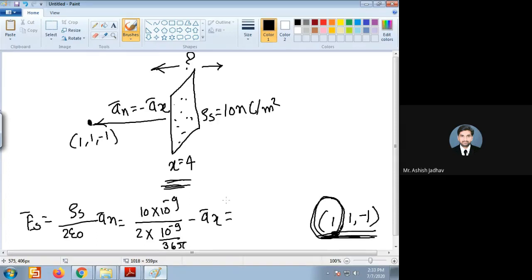I think it is 170, and since it is minus A bar X, I should write here minus A bar X.